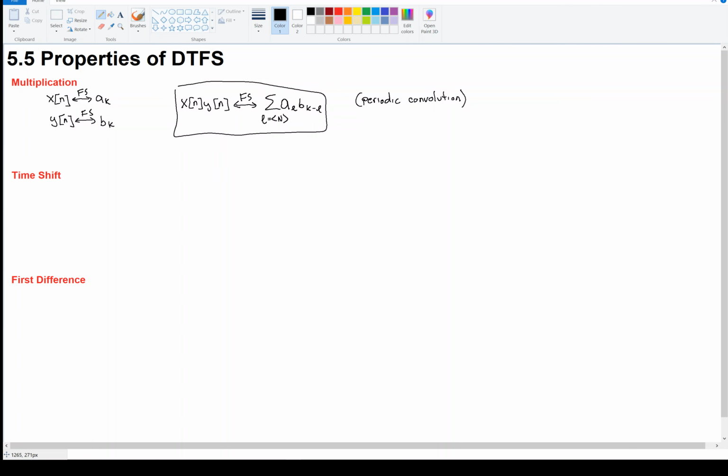Okay, next is the time shift property, and it's actually the same as in continuous time, but we need it for the next one, which is the first difference.